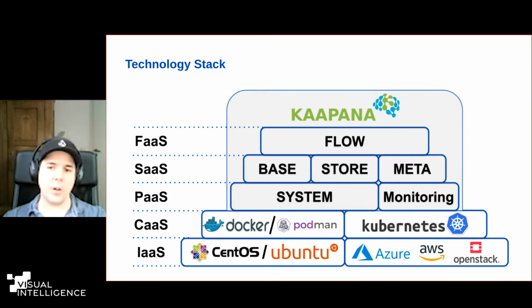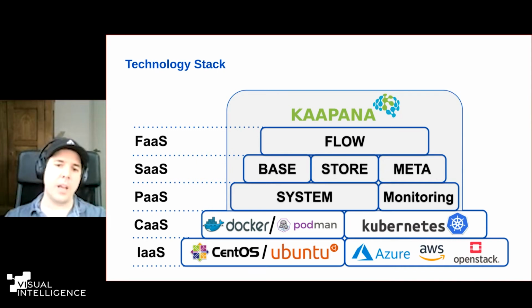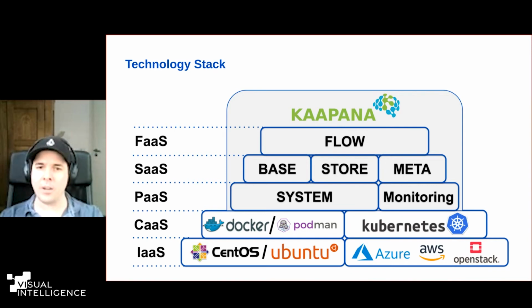And we also use Kubernetes on the other hand. And Kubernetes is a container orchestration tool. So this actually makes all these different containers talk to each other, specifies how a deployment looks like, and specifies in the end the whole platform. And on top of that, we built this Kaapana technology stack.